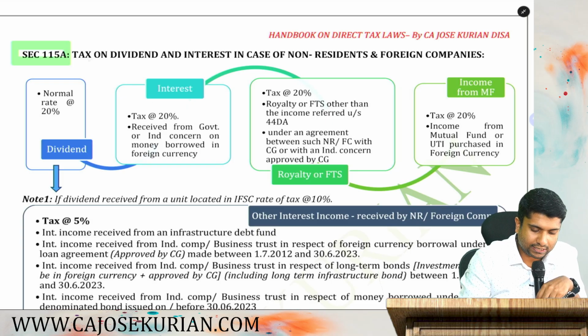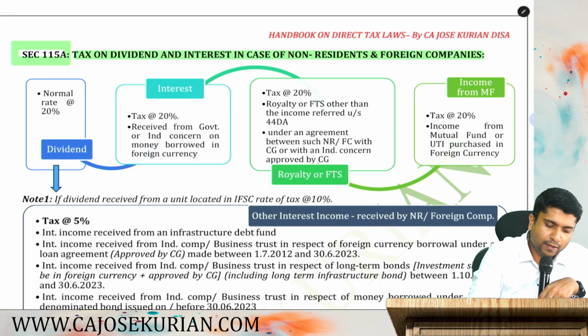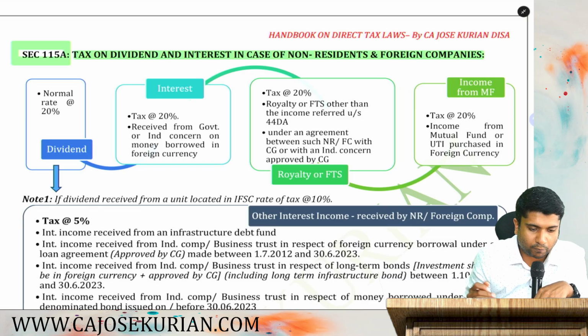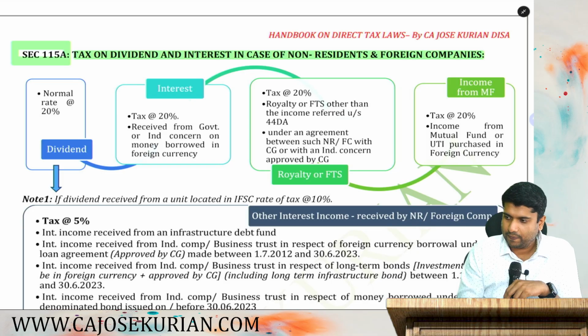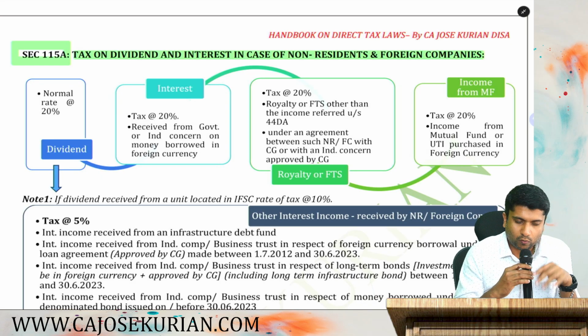The first one: tax on dividend and interest in the case of non-residents and foreign companies. For certain incomes, non-residents as well as foreign companies have to pay tax in accordance with this provision, and that's what we are about to learn one by one.